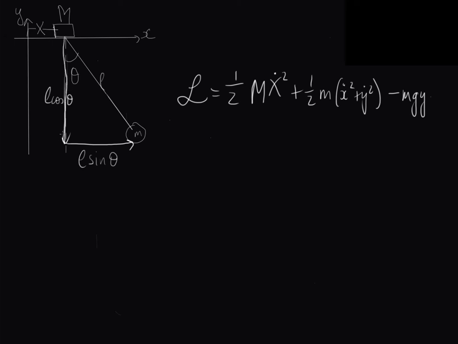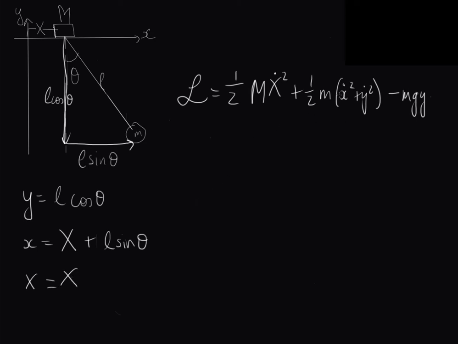So we know that our y, this indicates our y, so we can write y equals L times the cosine of theta. And our x coordinate will be this plus the amount that our cart has moved. So we can write our x coordinate as big X plus L times the sine of theta. And of course, big X remains as, well, big X.